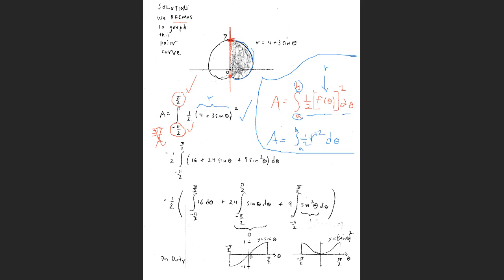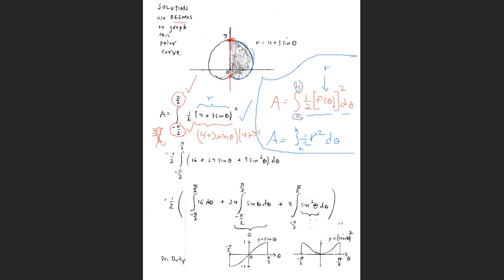All right, well, what we have to do is expand 4 plus 3 times the sine of theta, squared. That's 4 plus 3 times the sine of theta, times 4 plus 3 times the sine of theta.